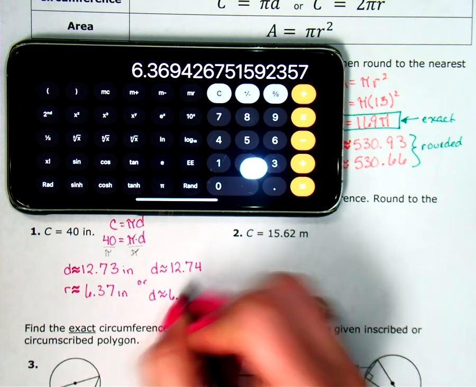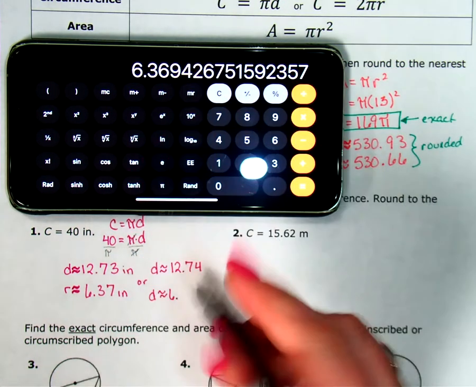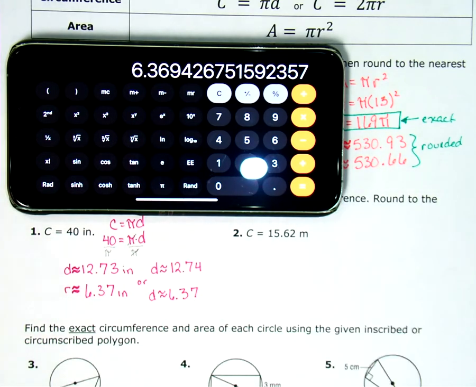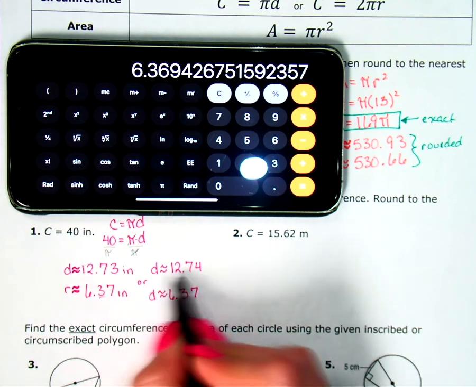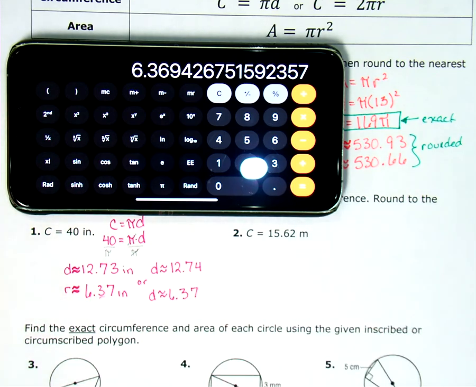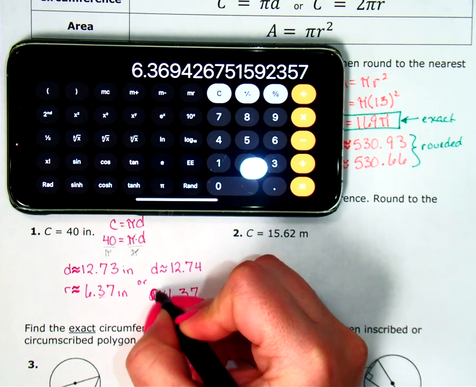And r is about 6.3. Oh, I still round up, so I still get 6.37. So in both cases, I'm going to get the same radius, but I get a little bit different diameter depending on if I use the pi button or 3.14. But, oh, that should be an r equals 6.37.